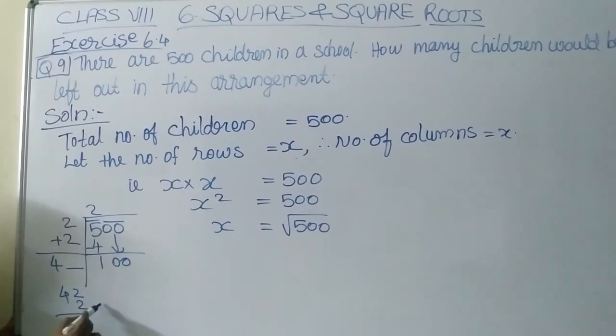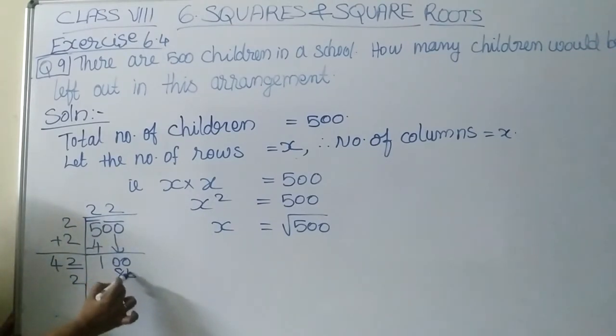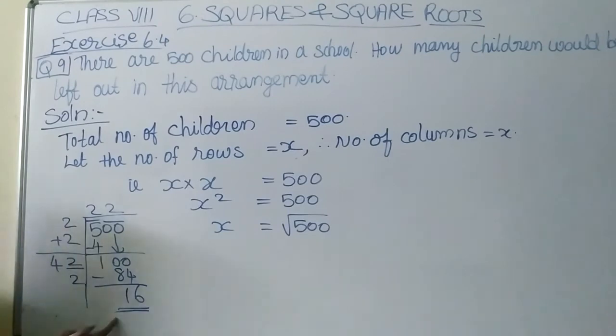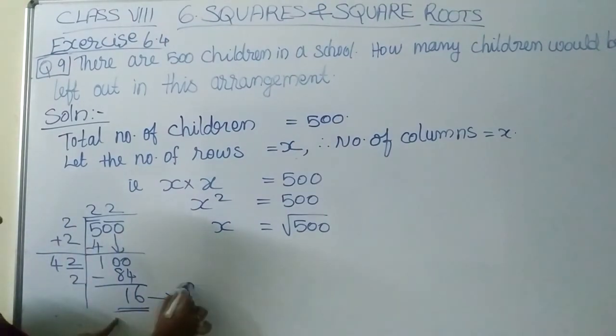If we write it with a 3, it is more than 100. So we can go with a 2. So we can write it 2 three times. 42 into 2 will give 84. Subtract it. The remainder is 16 here.